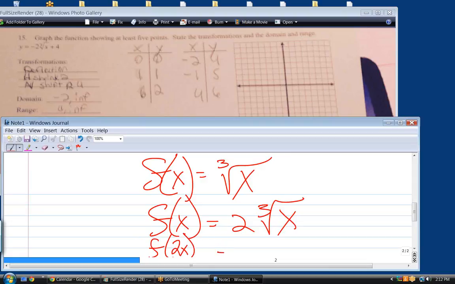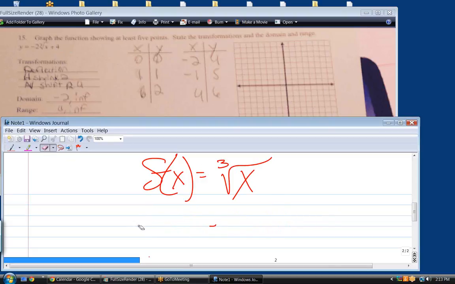But then the function would have to look like this. If the function looked like this, that would be a horizontal shrink. But it depends on whether that 2 is inside the function or outside the function. And finally, what's the consequence of the +4? Vertical shift up before.